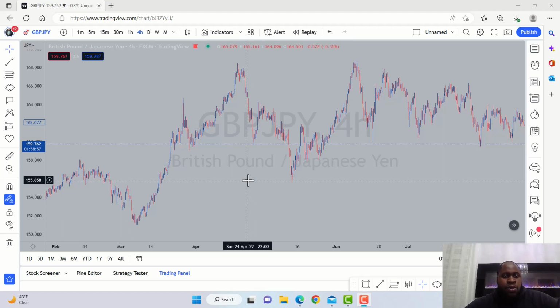Now, no matter what the trader, no matter what his strategy is or her strategy is, I can almost guarantee you that in some way, shape, or form, it's going to involve supply and demand. Whether it's on a basic level and they're just a supply and demand breakout trader, or if they have a more complicated strategy that involves a couple of confluences, in some way, shape, or form, supply and demand is going to be within their strategy.